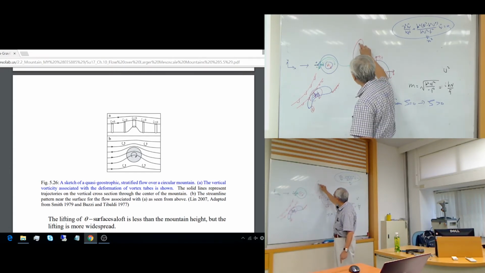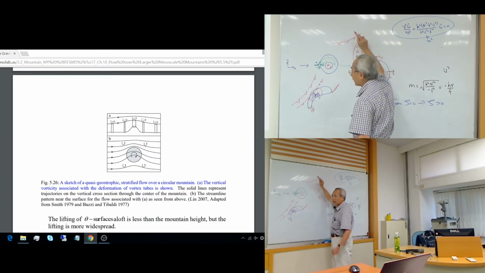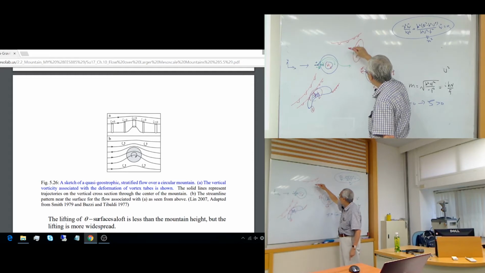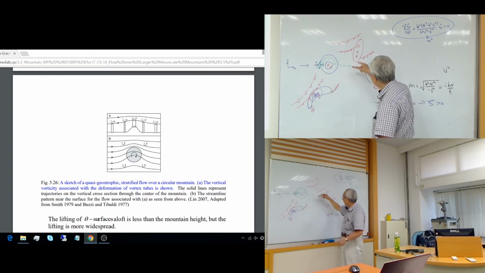That happens to Taiwan too. When you have the main front come in, there are two regions in Taiwan's case.